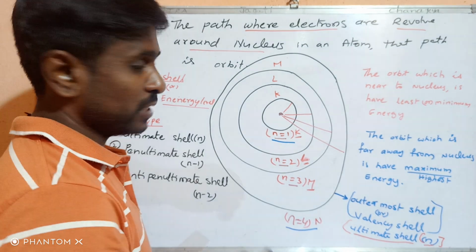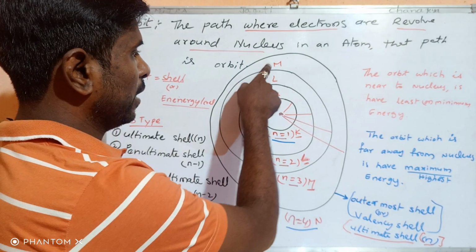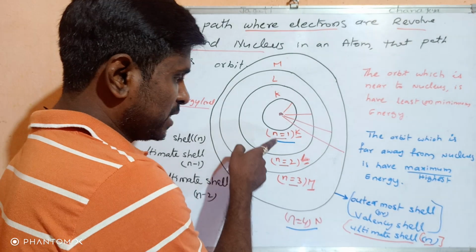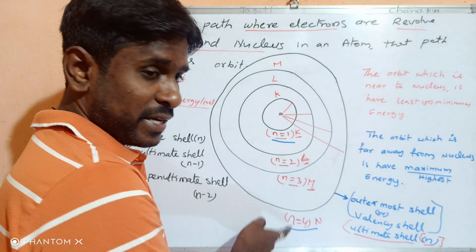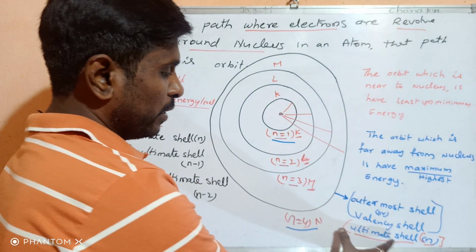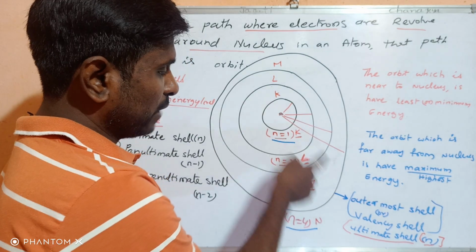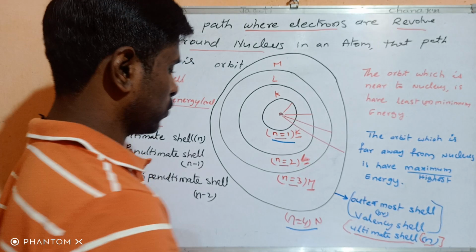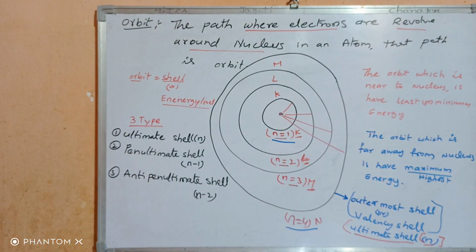The alphabet letters indicated are K, L, M, N, O, like that. Now n=1 is the least energy shell, n=4 is the highest energy shell. The shell which is far away from the nucleus, the outermost shell, is called the valence shell.